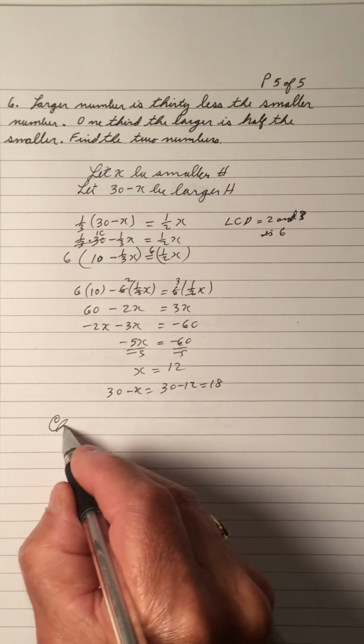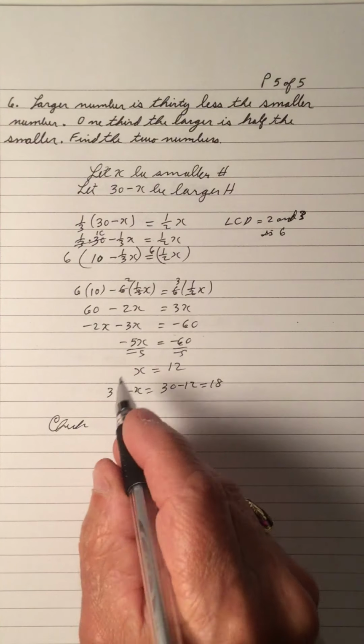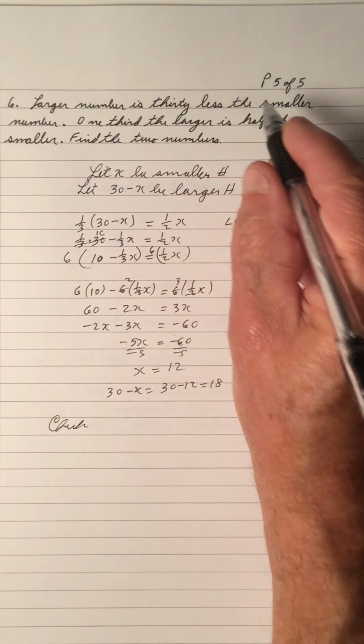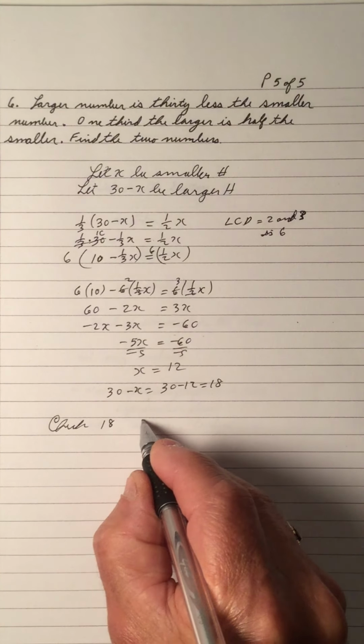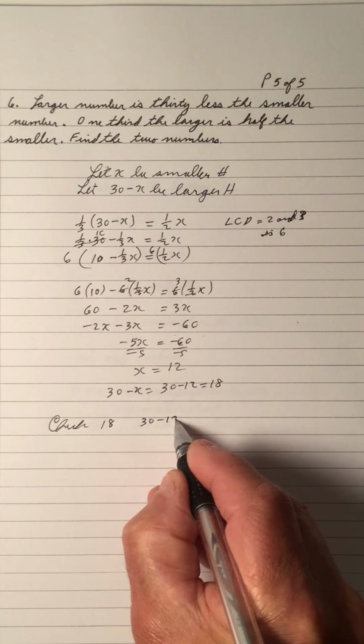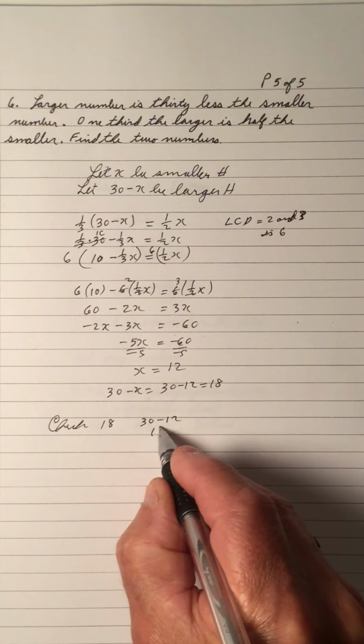So let's check to see if we're right. The larger number is 30 less than the smaller. So the larger number is 18, and 30 less than the smaller is 18, so that's true.